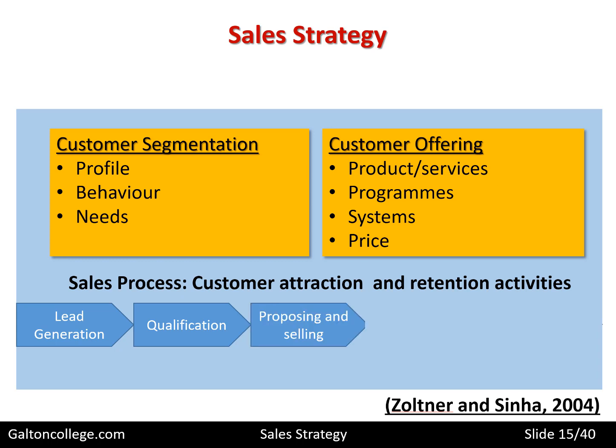And then there is proposing and selling. Once the leads have been established, and once there's an understanding of the requirements of the customers, then the company needs to propose the product as a solution to this gap in the market that it perceives, and engage in the selling process. Try to make sales. And ensuring that in that process there is closure.